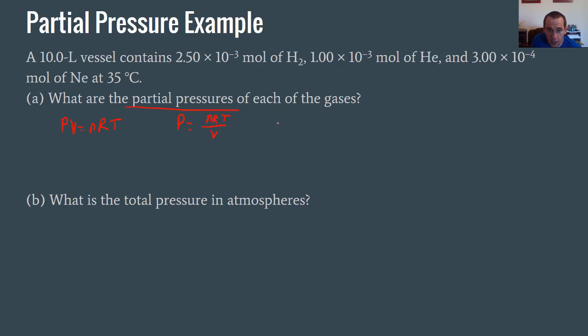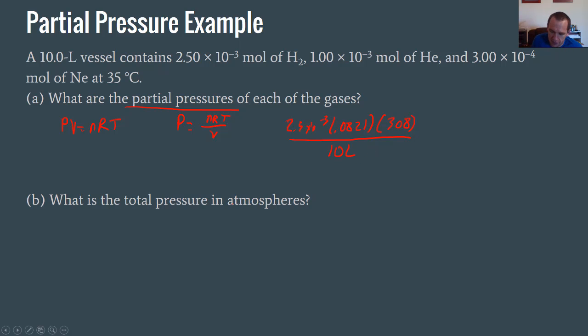So nRT, where n is moles, so for hydrogen we have 2.5 times 10 to the negative third times 0.0821, times temperature. It says 35 Celsius, so that's 308 Kelvin, divided by volume, and the volume is 10 liters because all of these gases are contained in a 10-liter vessel.